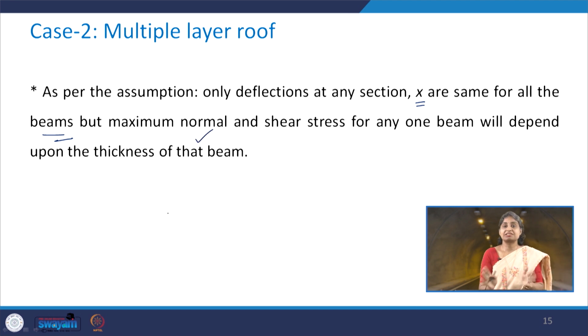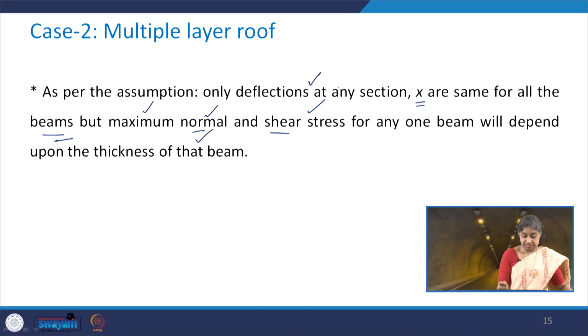So, we cannot say that the maximum normal and the shear stress at any section x will be same for all the beams. All we have assumed is that only the deflections are going to be same and not the maximum normal and the shear stresses.